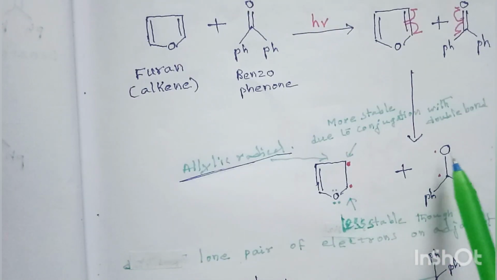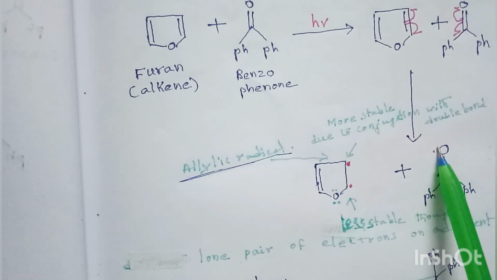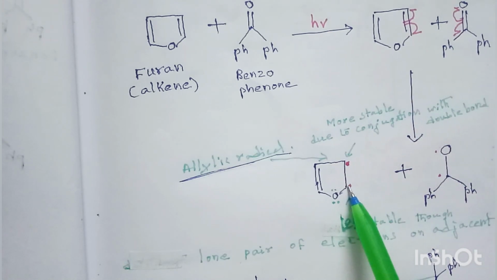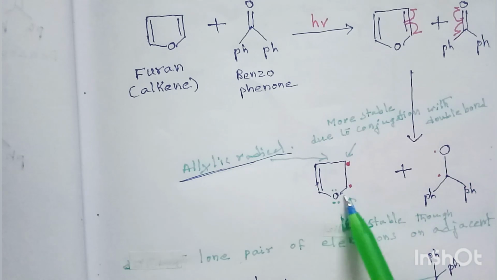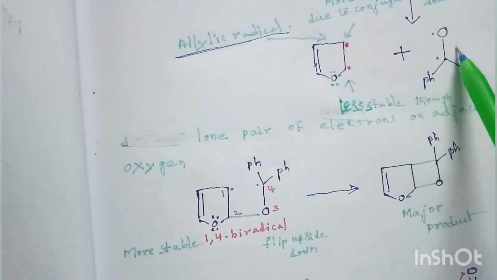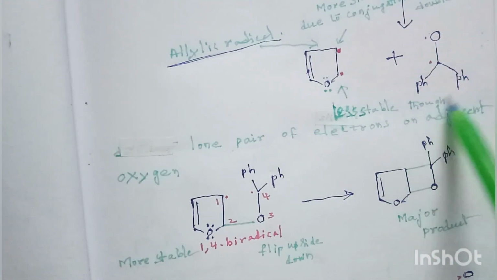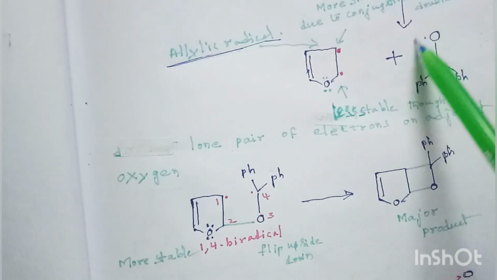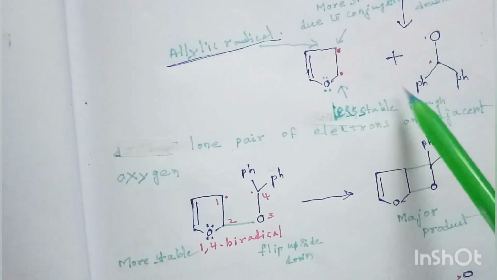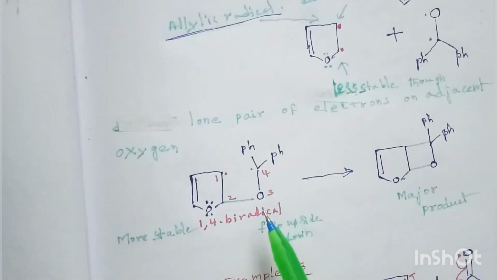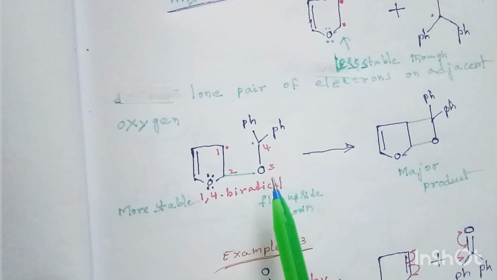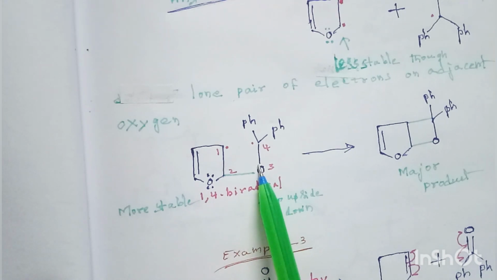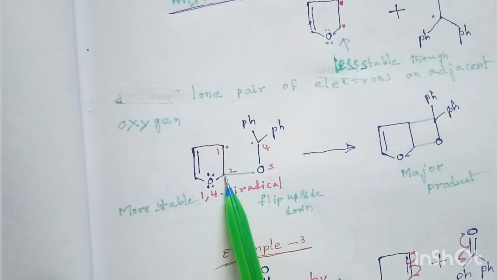So, what happens? The less stable oxygen radical will combine with this less stable radical next to the oxygen to form a bond. So, let us flip this carbonyl radical upside down. As a result of which the oxygen radical is here and the less stable radical is here.